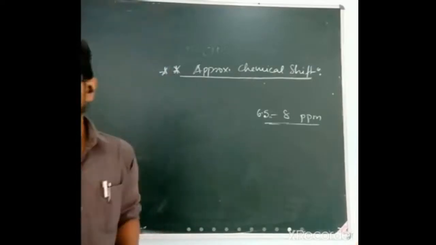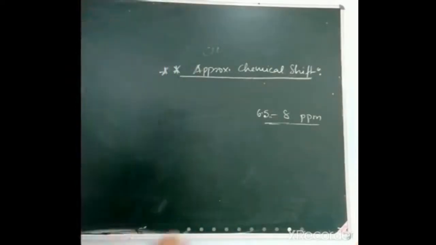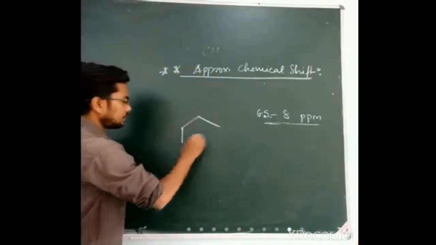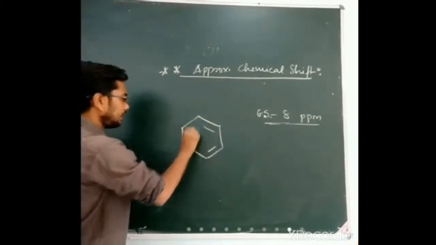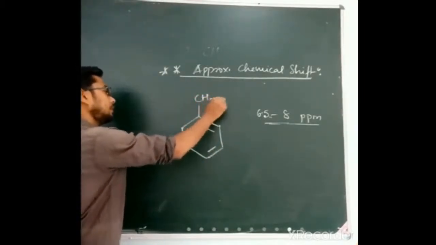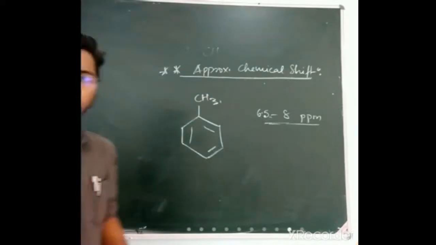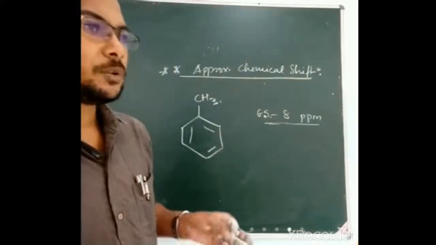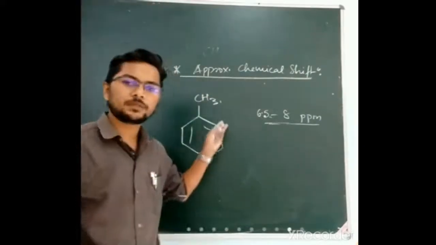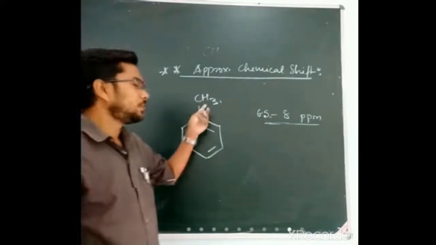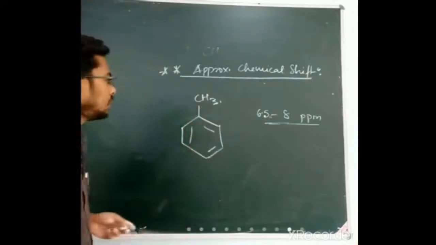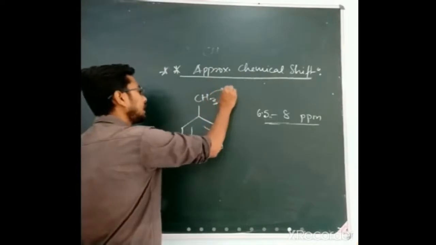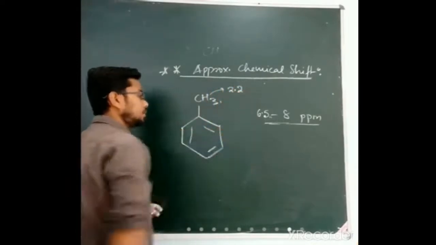Now, if we have to talk about another important structure here, suppose you have toluene. Very important, keep it in mind. Most aromatic questions give you this hint. So if you have toluene here, these hydrogens will come in at 2.2.